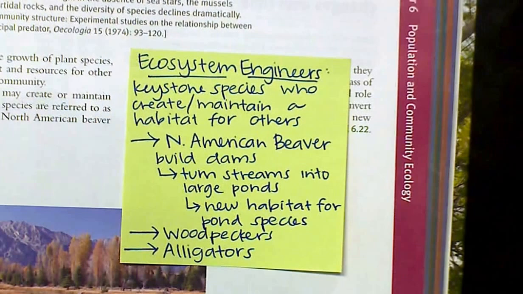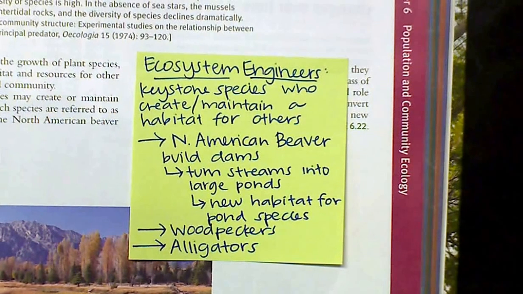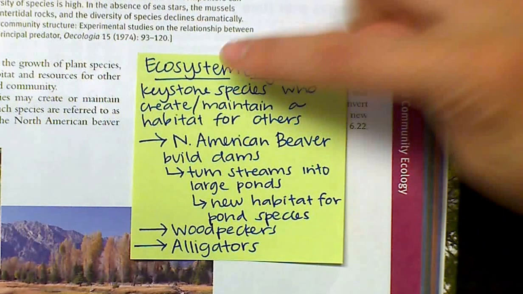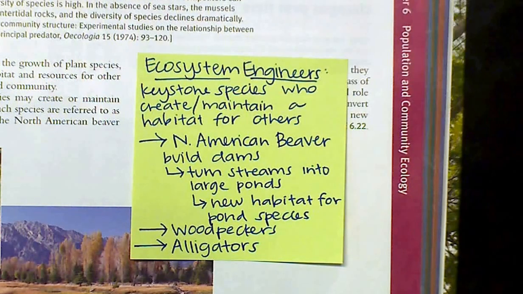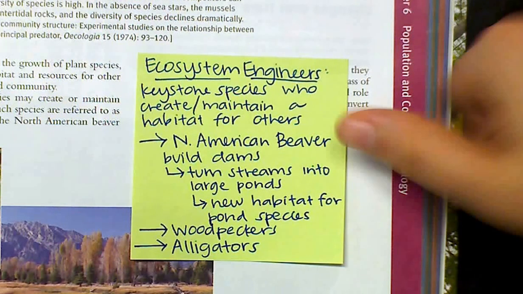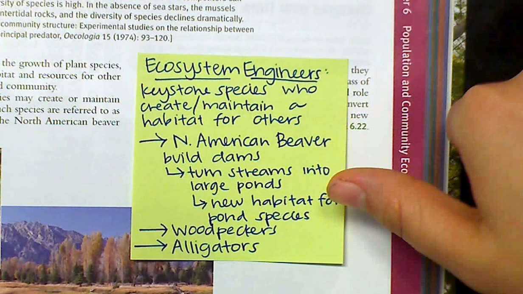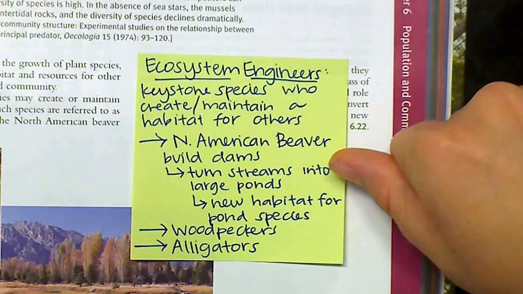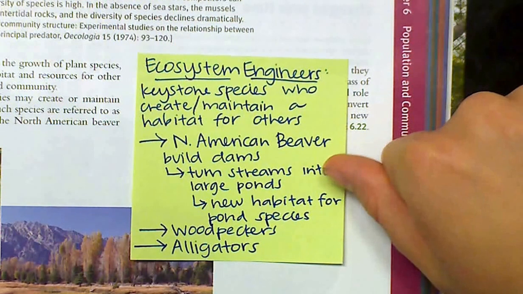Now we also have this idea called ecosystem engineers, and they are these keystone species who create or maintain a habitat for others. A couple of examples are going to be the North American beaver, and they build dams, as I'm sure you know, which ends up turning streams into ponds and creates this kind of new habitat for pond species.